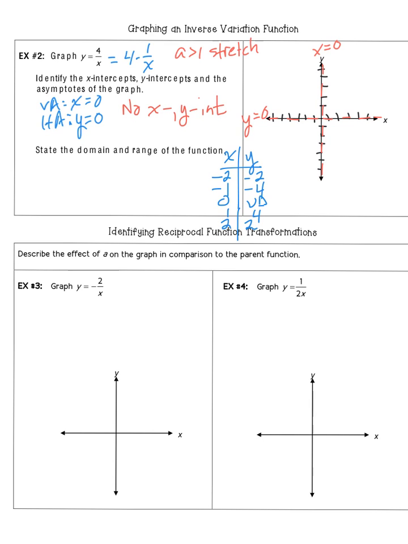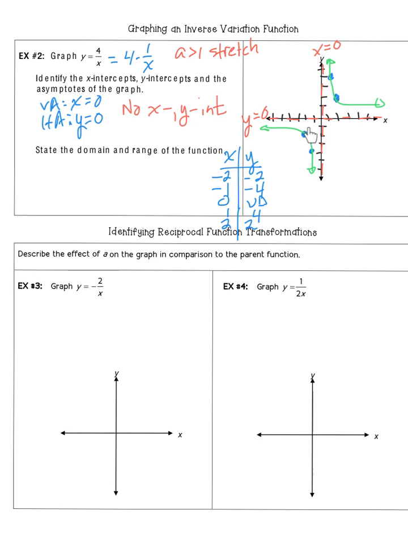All right, so I'm going to plot -2, -2, and then -1, -4, and then 1, 4, and then 2, 2. All right, so that is the function y equals 4 over x.